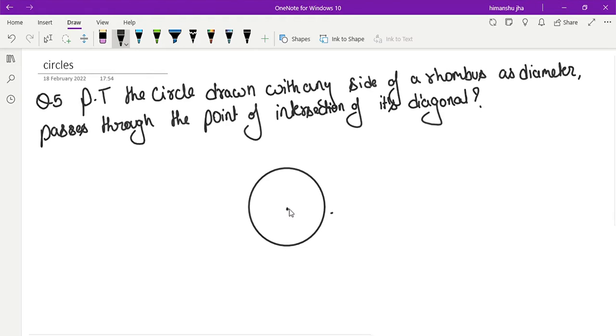Now this is the center of the circle. This is the side of the rhombus, any one side of the rhombus. So the remaining sides we have to draw like this. This is the second side.